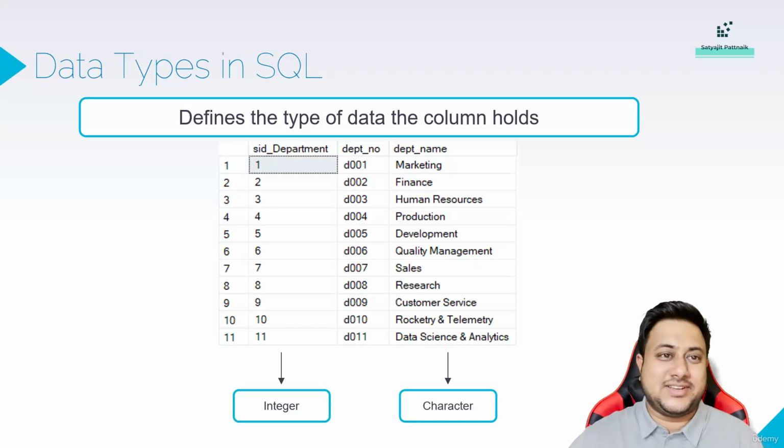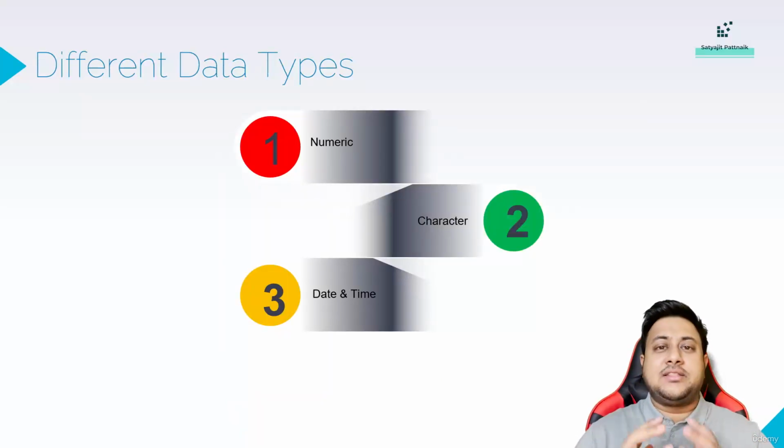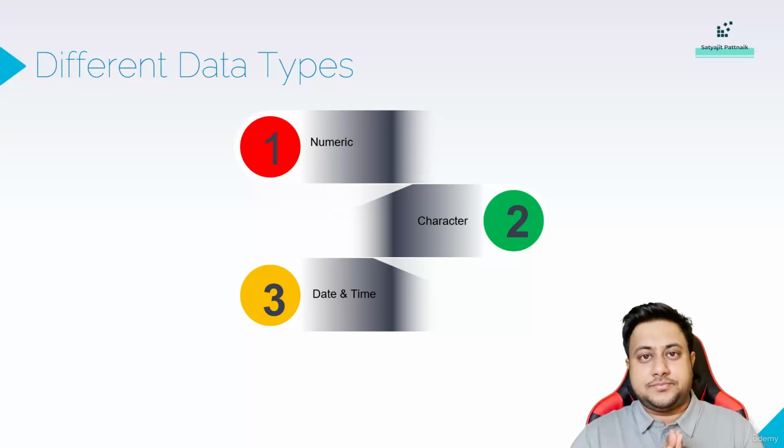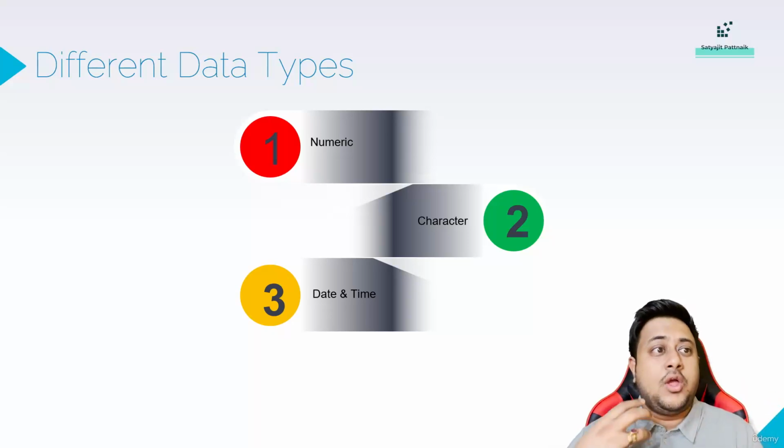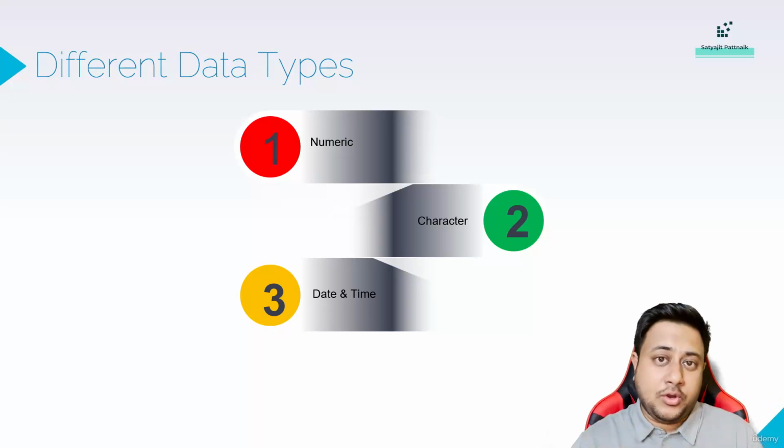These are the three major data types. One is numeric, which is integer, int; then character; and date and time. Once we get started with the creation and all these kinds of concepts, you will have a better understanding of which data type you are going to use, and when and how to use it.